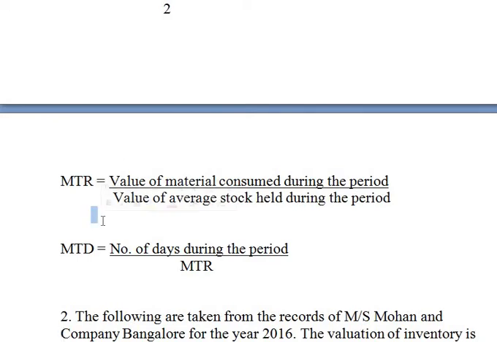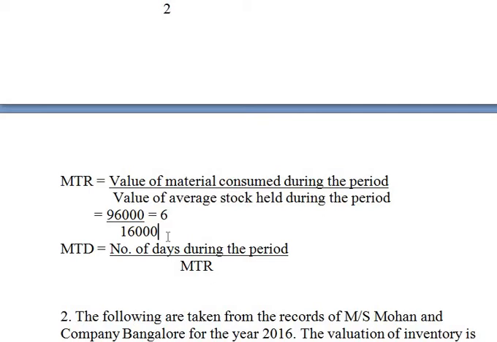So for A, material consumed we have already calculated, that is 96,000, divided by the value of average stock held, which is 16,000. So that will be equal to 6.